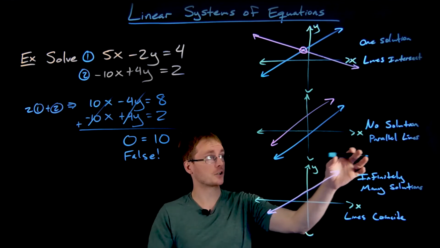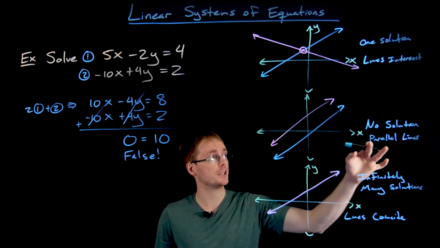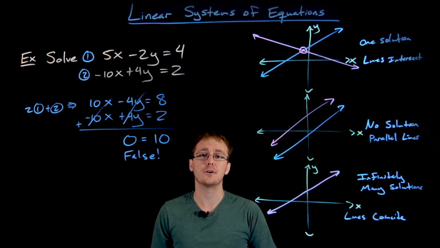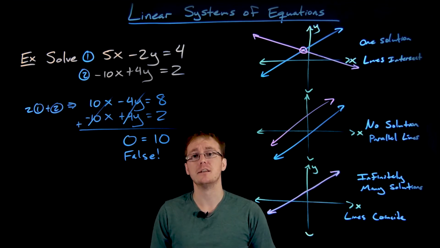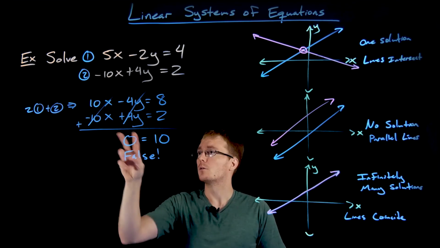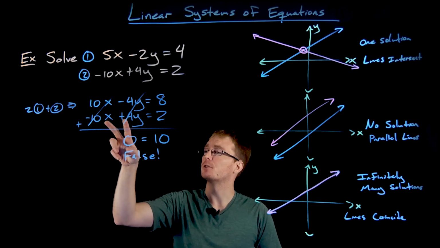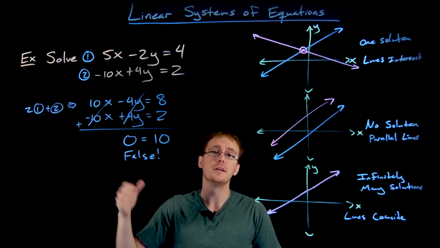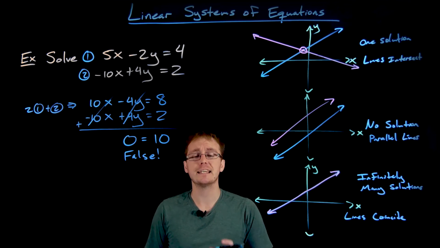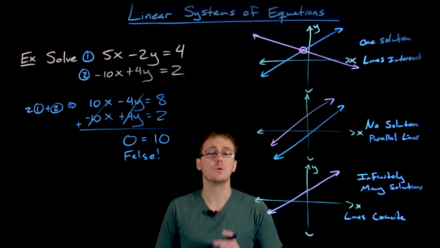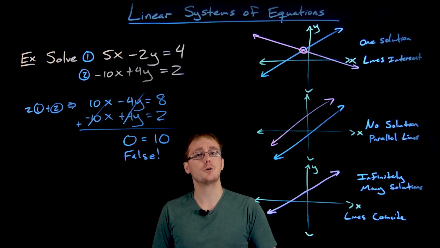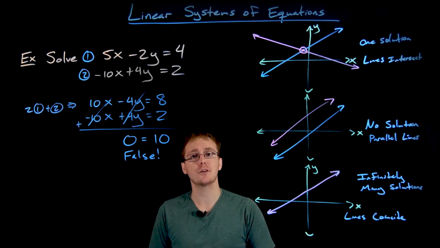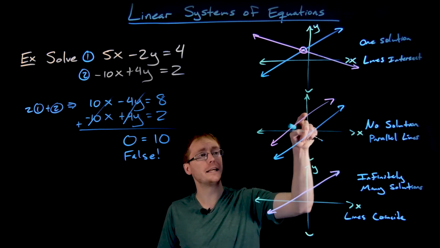The second picture corresponds to when we have no solutions, and that's when our lines are parallel. That is the situation that we are currently in. We can sort of see it when we multiplied the first equation by 2, but if we took a moment to rewrite each of these equations in slope-intercept form, we would find both of these equations have the exact same slope, but they have different y-intercepts.